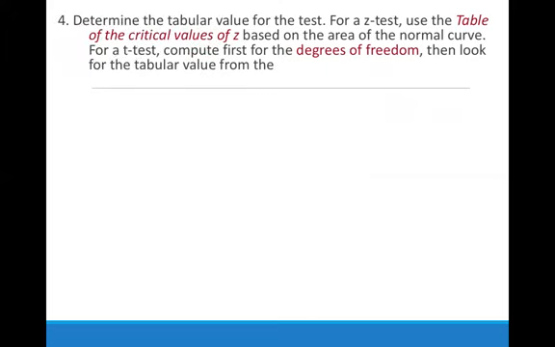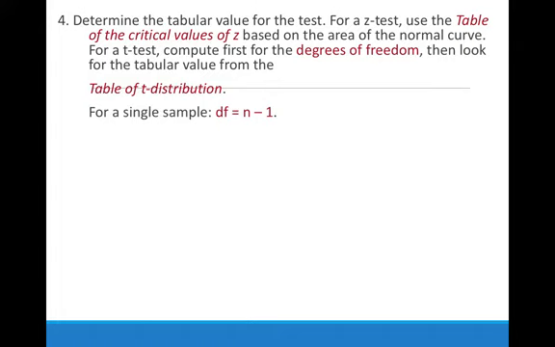Next step is to determine the tabular value of either the z or the t-test. So we use the table of the critical values of z based on the area of the normal curve. For a t-test, we compute first for the degrees of freedom, then look for the tabular value from the table of t distribution.